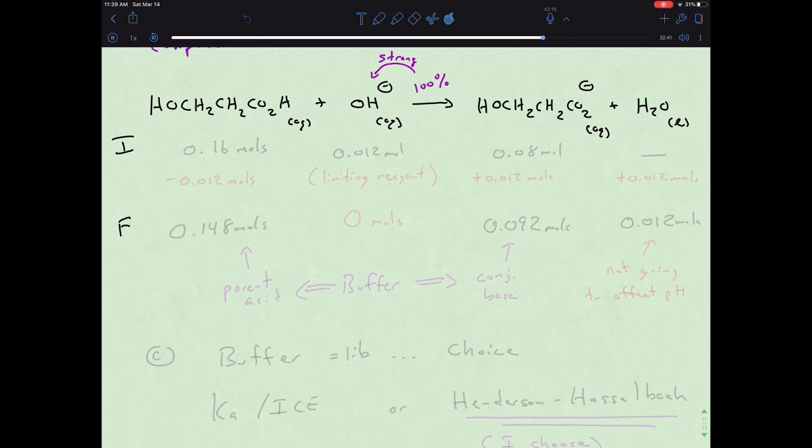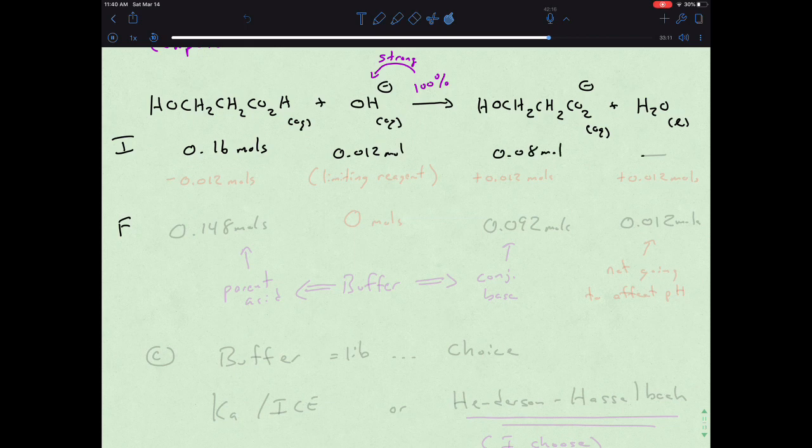And so now we just put in our mole values that we have, right? This is like going way back to just general reactions, in terms of moles of one thing and moles of another. So we had 0.16 moles of our glycolic acid. We have 0.012 moles of our hydroxide. And we have 0.08 moles of our glycolate.